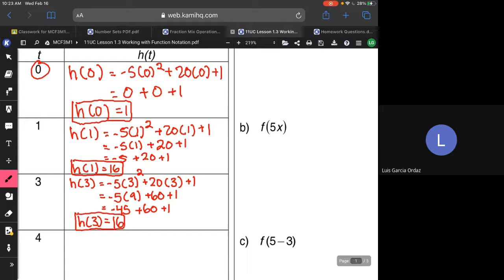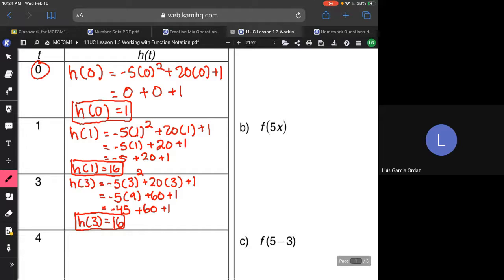So when my time is 3 seconds, the height of my baseball is going to be 16 meters. That's a negative 45. Yep, negative 45. Okay. So t at 4, you'll do on your own.